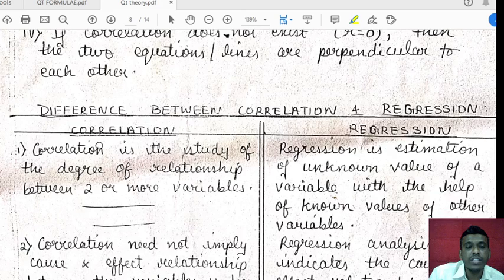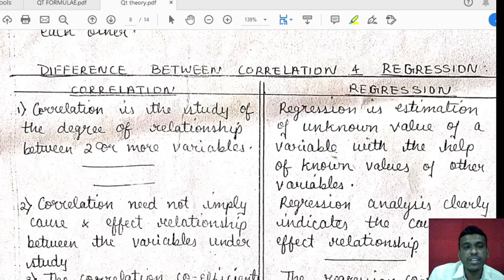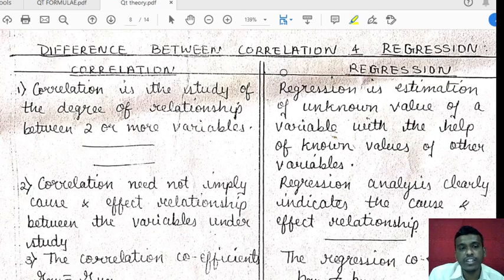Next we'll move towards the last part of today's lecture, that is the difference between correlation and regression. Now what is the difference between correlation and regression? Correlation is the study of the degree of relationship between two or more variables. We know that correlation studies a relationship or association between two or more variables. Now what about regression?